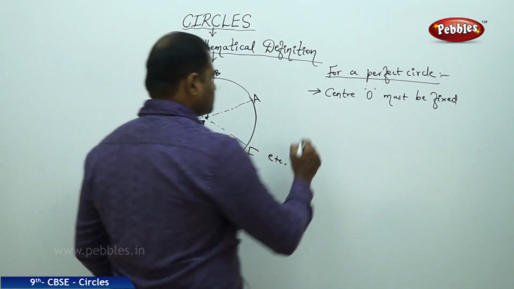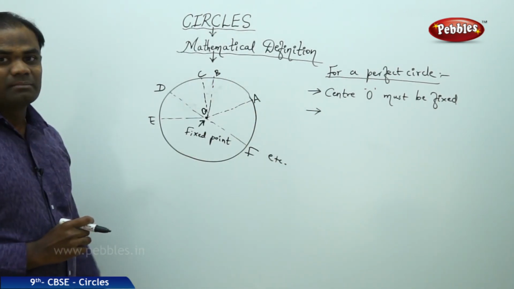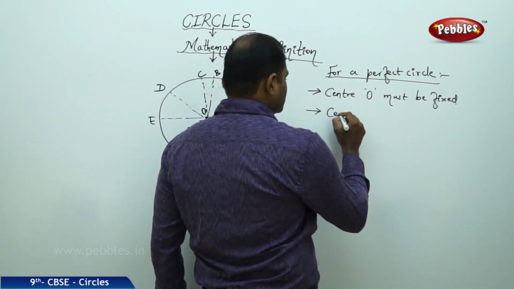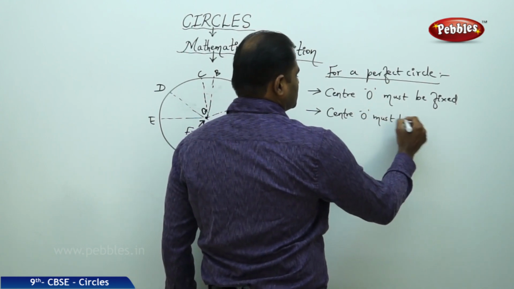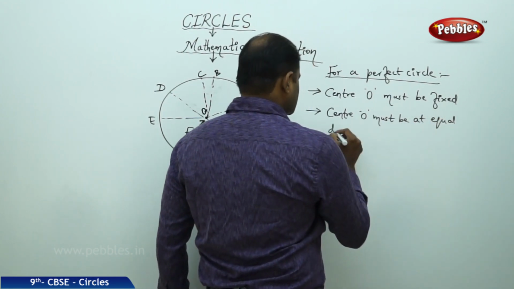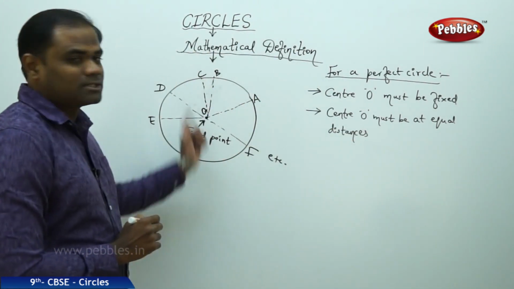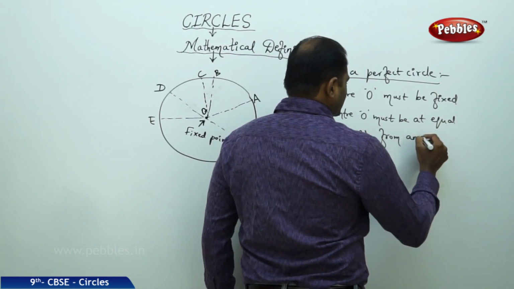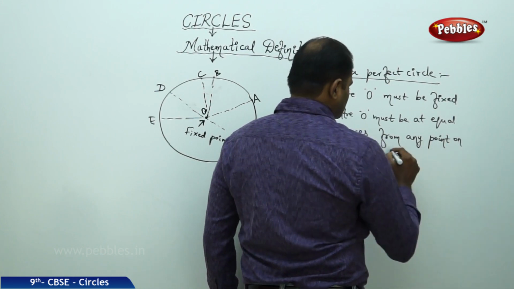And secondly, the center must be at equal distances from any point on the circle. The second point is that center O must be at equal distances from any point on the circle.